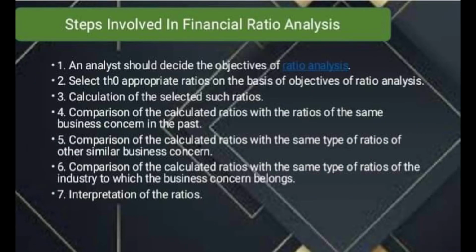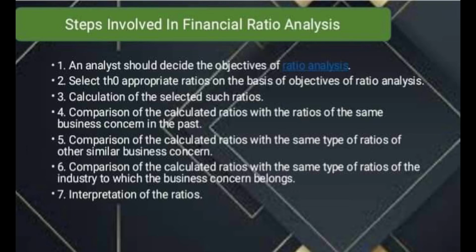And these are the steps involved in financial ratio analysis. Number 1, an analyst should determine the objectives of ratio analysis. Number 2, select the suitable ratios on the basis of the objectives. Number 3, computation of the selected ratios. Number 4, comparison of the calculated ratios with the ratios of the same business concern in the past.